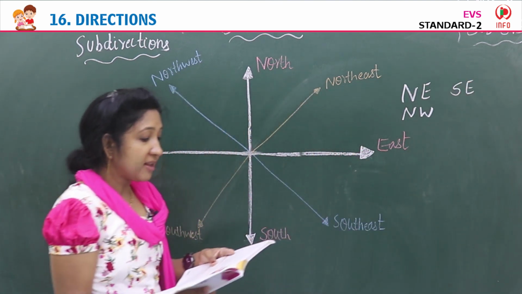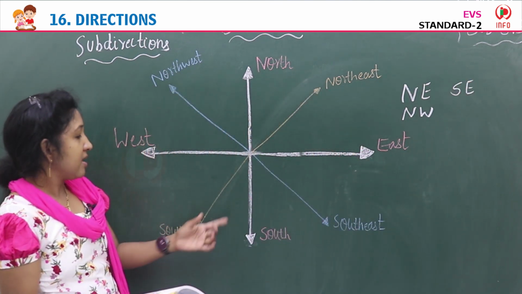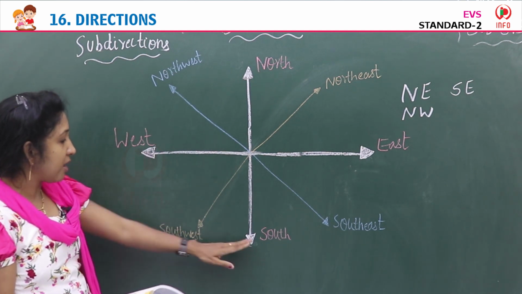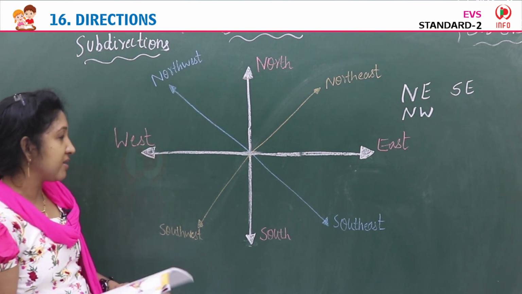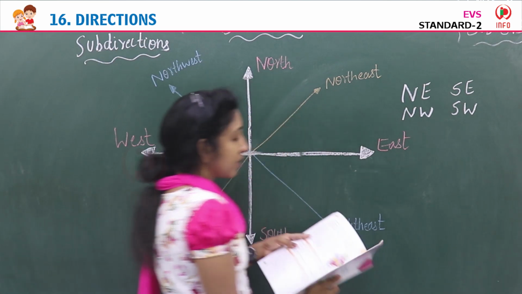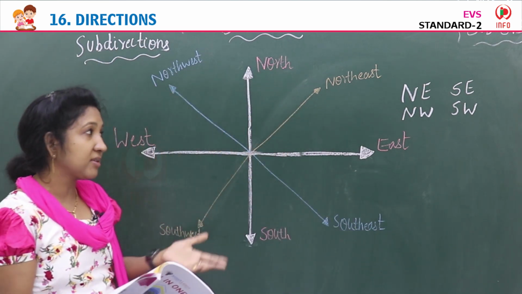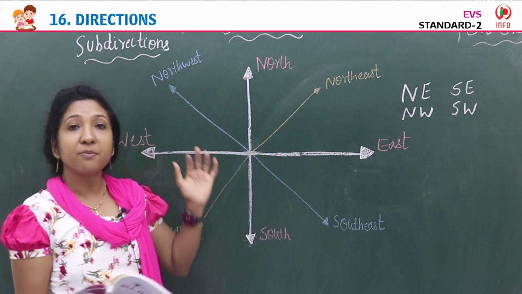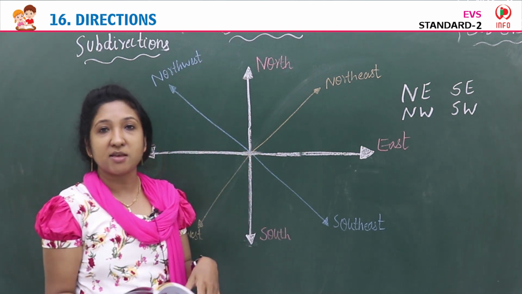Halfway between south and west is southwest, so we can write SW. Northeast, northwest, southeast, southwest. These are the four sub-directions.